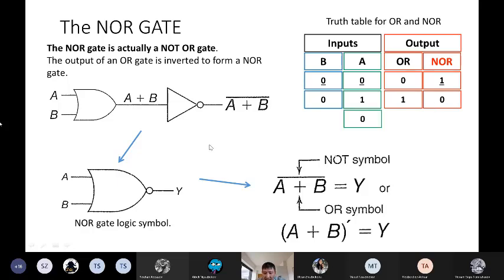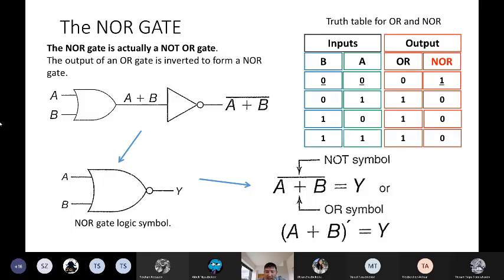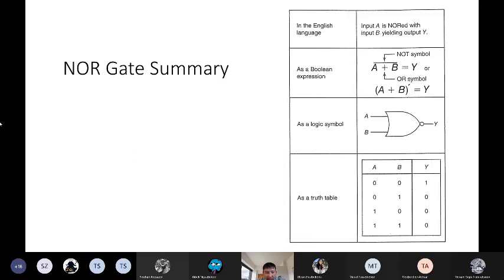Next, A 0, B 1. What will be the OR output? 1, and NOR will be 0. Then 1 and 1, OR will be 1 and NOR will be 0. So it is our truth table for the simple 2-input NOR gate.